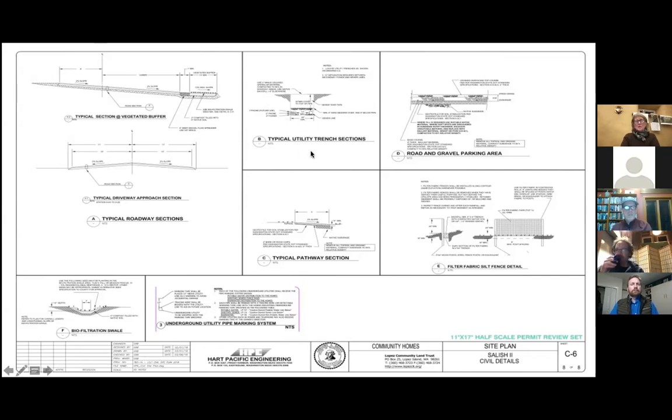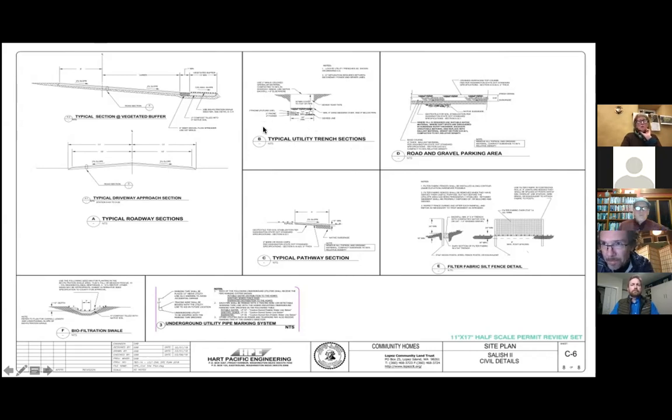You'll see here the typical utility trench sections, and watch what they do here, because sometimes the utilities have a lot to say about where they want their utility and what they will allow you to do.